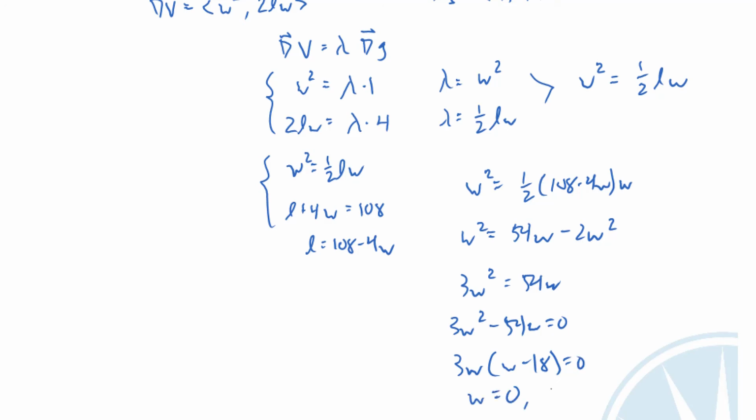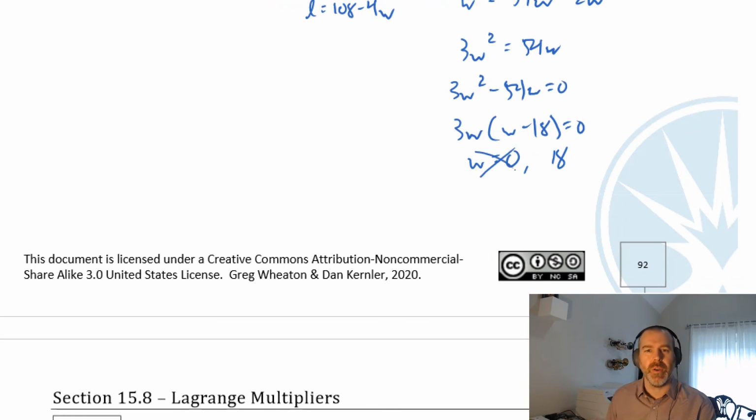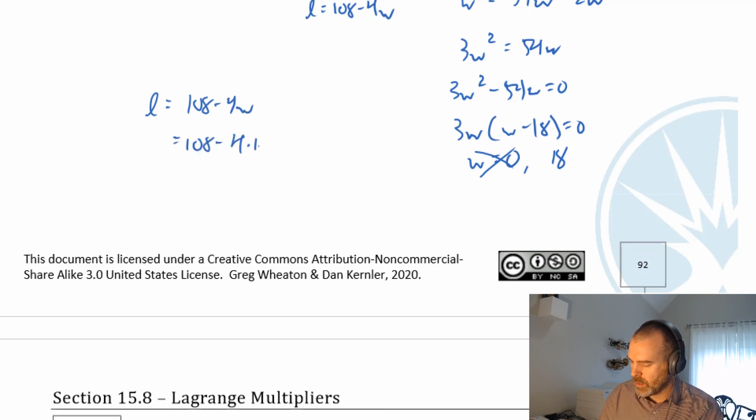So w is equal to 0 or 18. Now clearly w equals 0 is a critical point, but it's not going to be relevant for our question. So w equals 18. The length will be 108 minus 4 times 18, which is 108 minus 72, so the length will be 36.